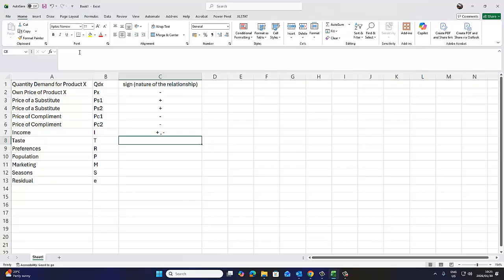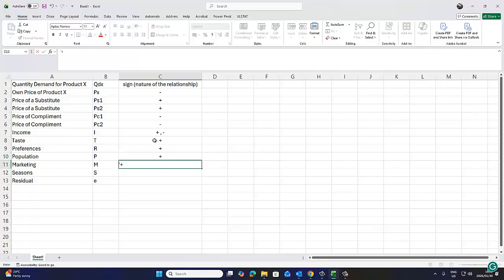For a normal good, we expect that if income increases, you buy more. For an inferior good, for example, if income increases, you'll buy less of it. Luxury good, buy more of it. So it could be either a plus or a minus. Taste is typically positive. If my taste for it increases, I'll buy more. Demand for that will increase. Preferences, same. Population, same.